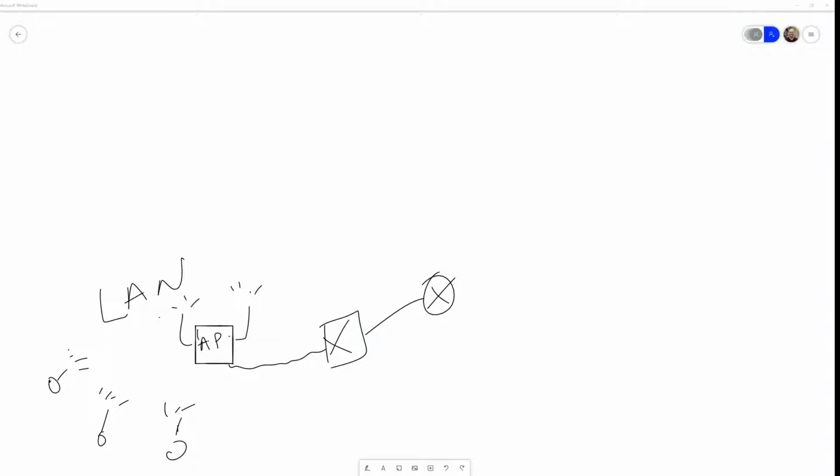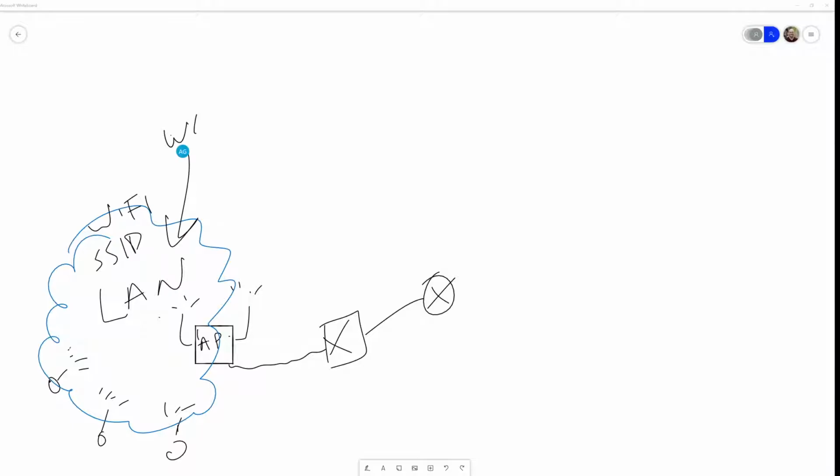And so we're providing Wi-Fi on the local area to the devices that are within reach. We use SSIDs for security on the Wi-Fi, passwords, various things like that. But this is what the access point is. There's a wireless LAN controller that exists in here to control this wireless environment. Okay.